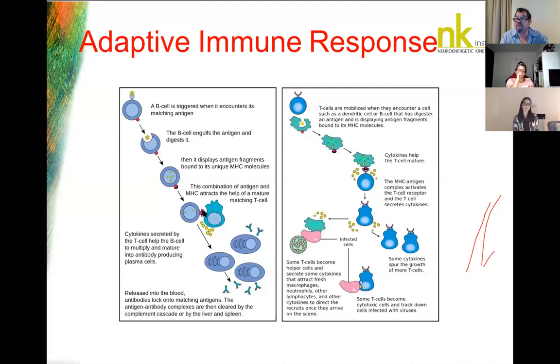So then the T helper cell's got its T cell receptor. And this must recognize the pathogen too, but it's not recognizing the whole pathogen, just this little bit that's on the MHC class 2.